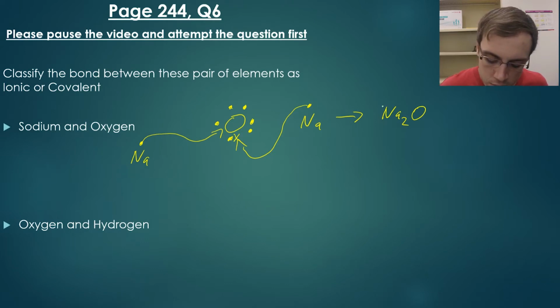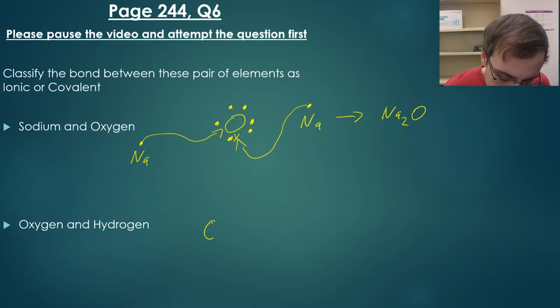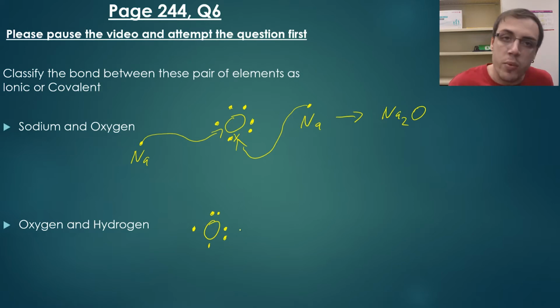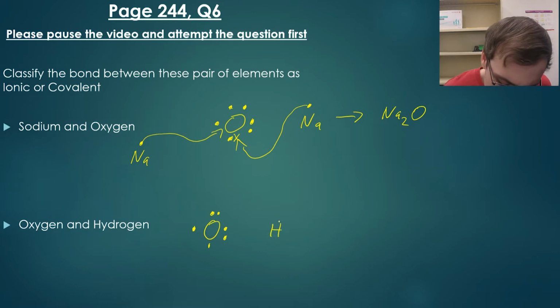These 2 sodiums formally donate 1 electron each to oxygen, meaning that the bond that holds them together is ionic. Now, if we look at oxygen and hydrogen, again we've got our oxygen, which needs 2 electrons to become stable, but hydrogen is where things get a little different.